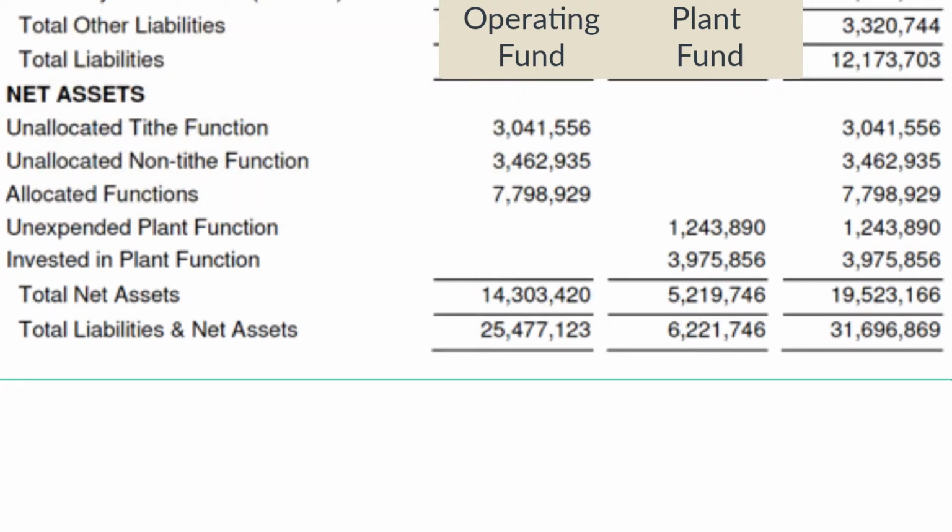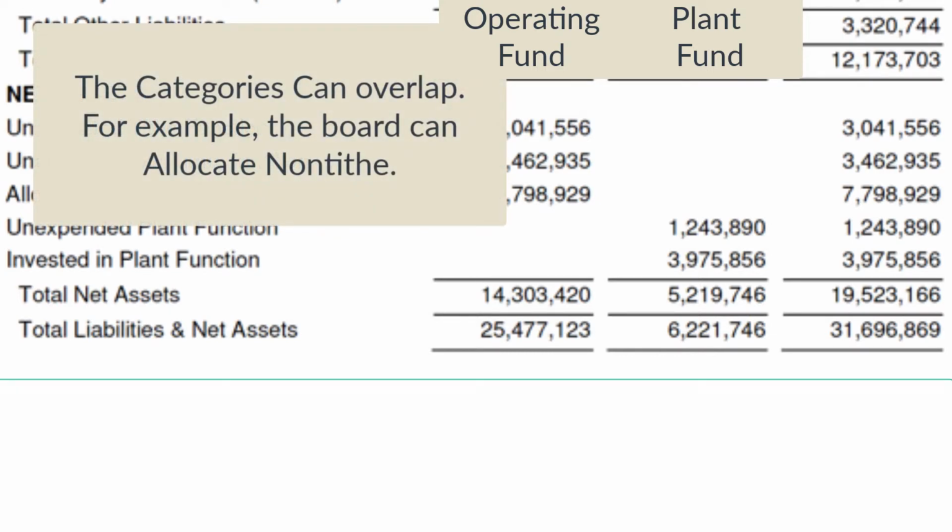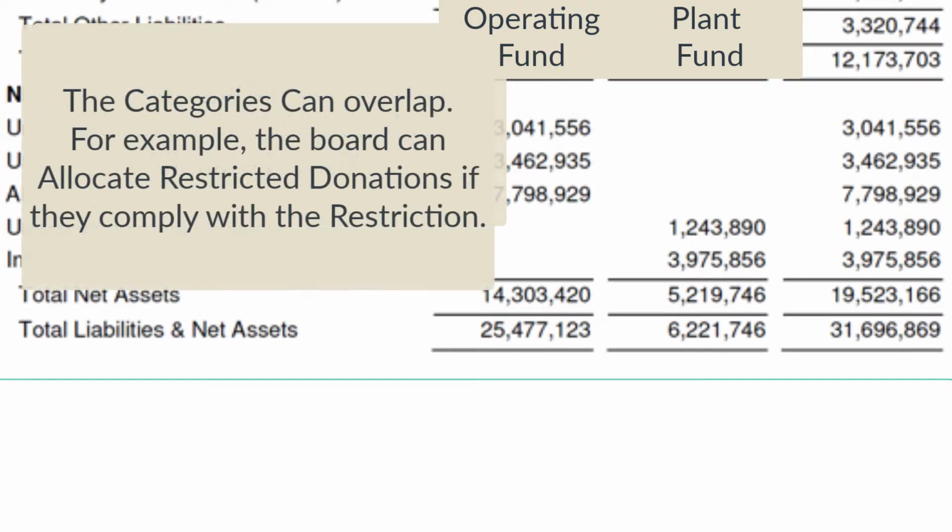It can also designate non-tithe to the Igbo pot. It can take non-tithe money and say, we are going to put it aside in the Igbo pot for evangelism of the Igbo. The board can designate restricted donations to the Igbo allocated pot as long as it complies with the donor's restriction. The donor may have given it for evangelism, and the board can say, we want it to go in the Igbo pot.